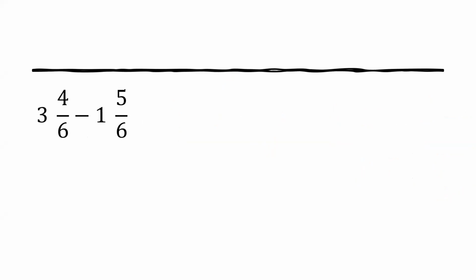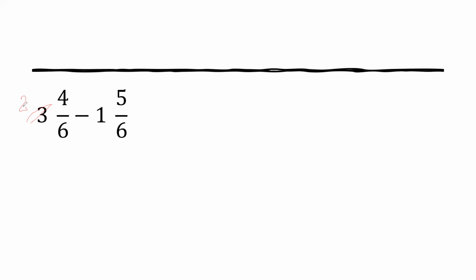So let's see. 4/6 minus 5/6. Pwede ba? 4 minus 5, pwede? Hindi po. Hindi pwede. So we have to borrow. Kapag nag-borrow tayo, babawasan natin ng isa ang whole number, so magiging 2. Saan mapupunta yung 1?